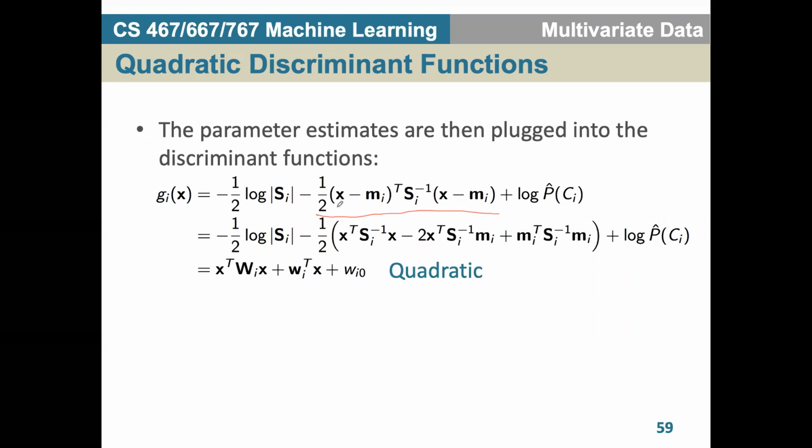First is this thing times this thing times this thing, which gives you this. You can also do negative mi times this thing times negative mi, which gives you this term. The trickiest is x times this thing times negative mi, which is negative x si inverse mi.